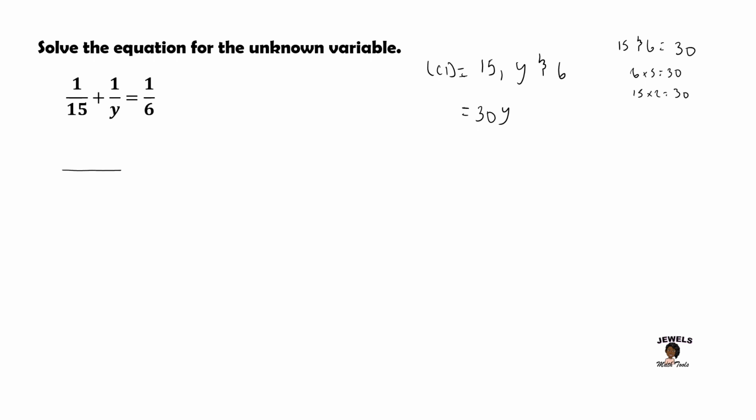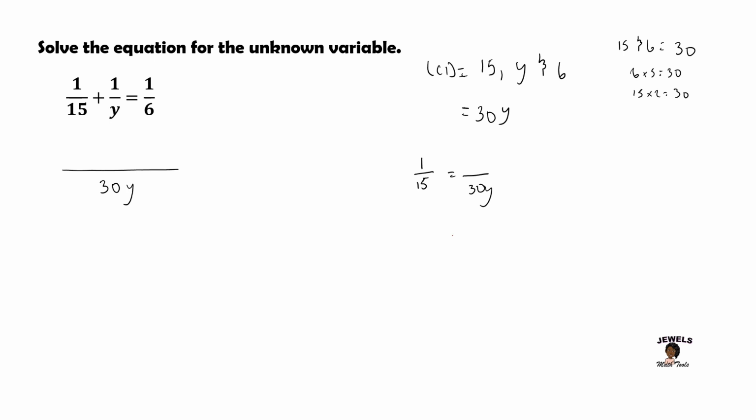So now that I have my 30y, I'm going to begin changing these fractions into their equivalent form where 30y is the denominator. I'm going to start with my first fraction, which is 1/15. When changing my 15 to its LCD form of 30y, I need to see what I am going to multiply 15 by to make it 30y.